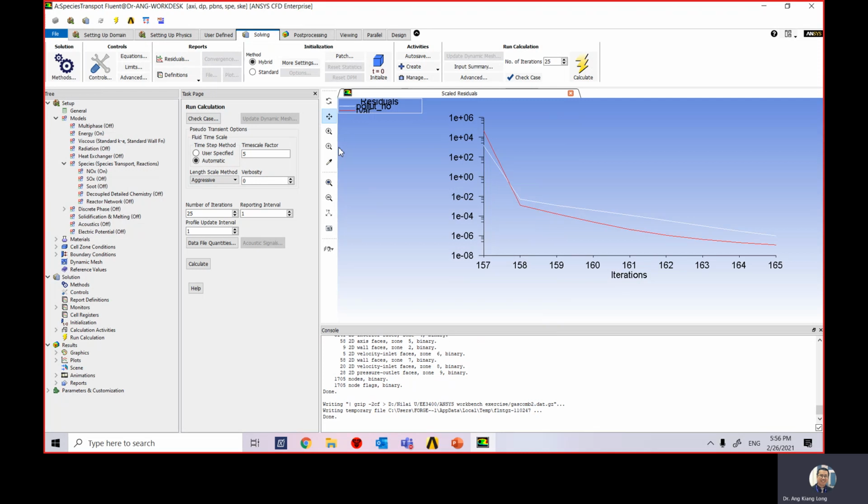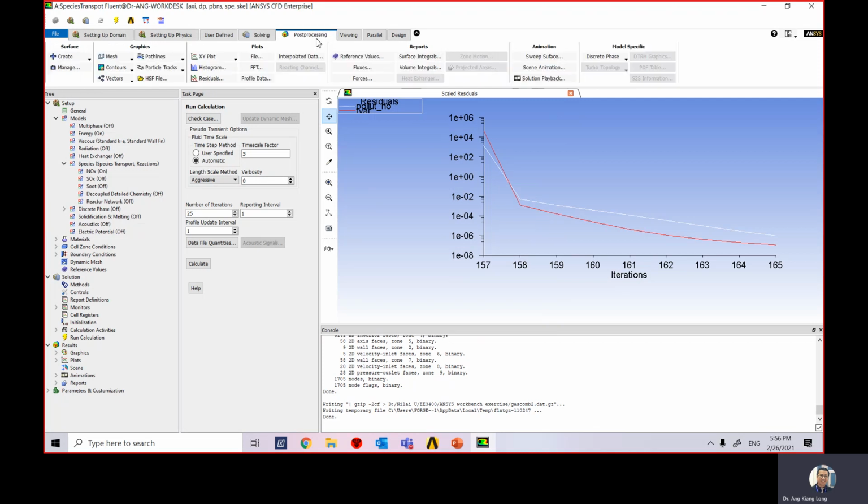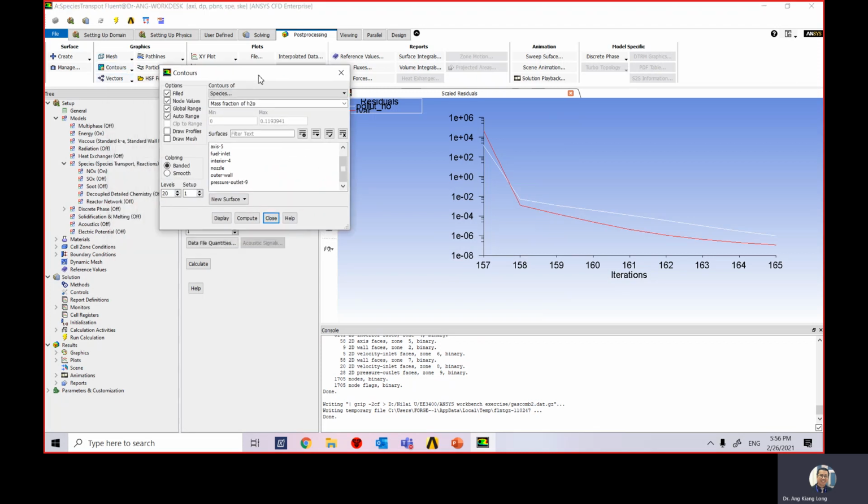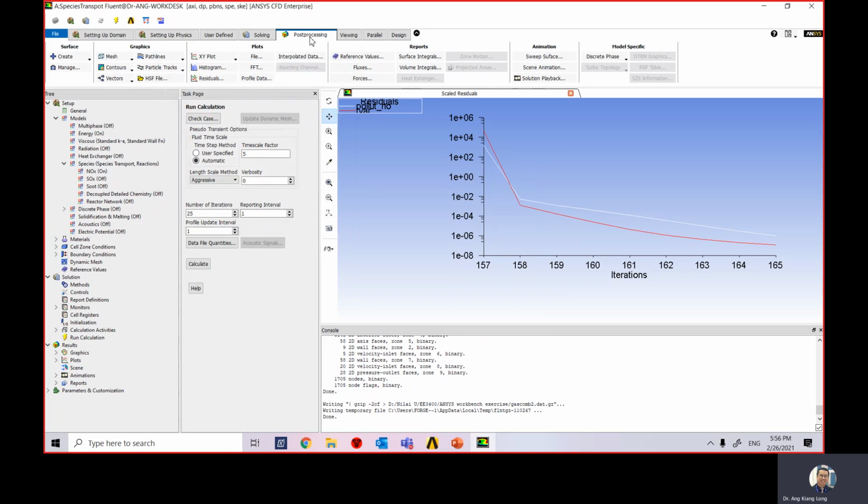So first, we look at the NO mass fraction. Post-processing, graphic, contour, edit. We want to save this contour to this window, so go again: post-processing, contour, we go to new.